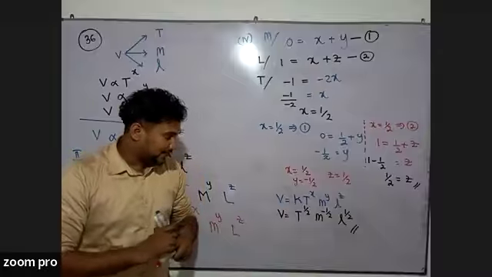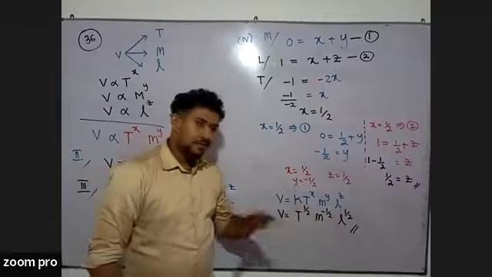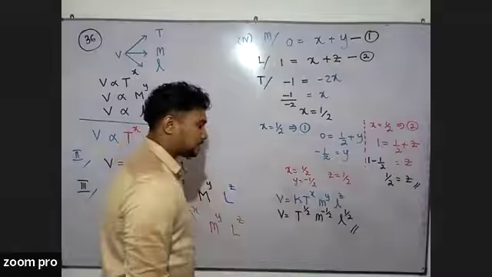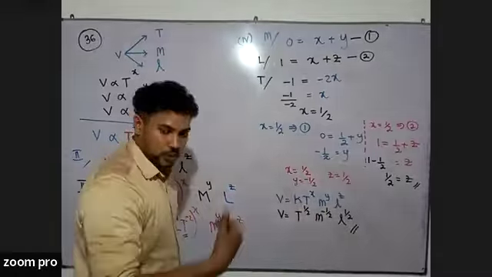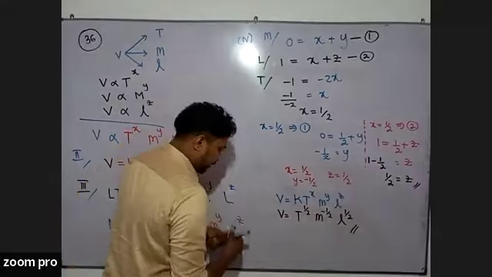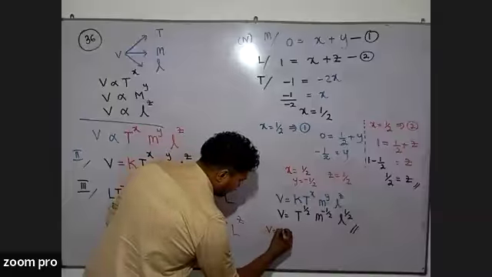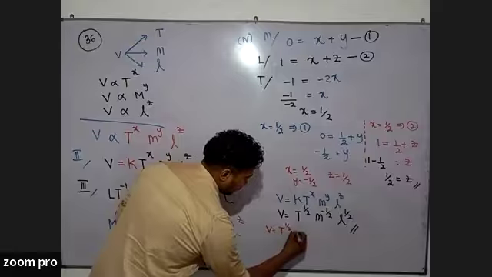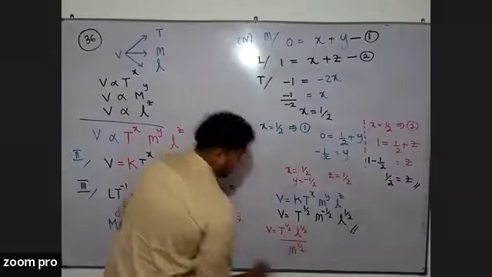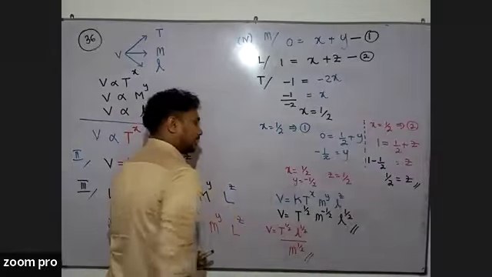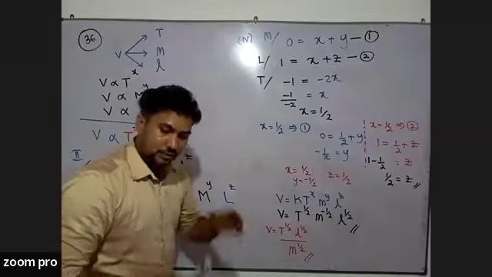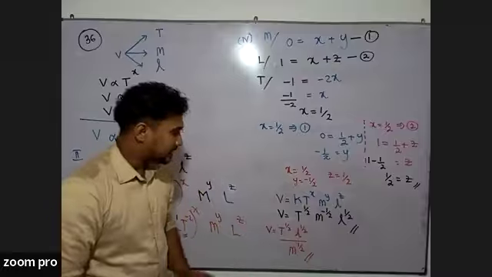But you can arrange this expression further, right? Here there is a minus power. In order to convert this to positive, I take m to the half into the denominator. So it can be written as t to the half L to the half over m to the half, right? This can also be considered as the correct one. But we can arrange this expression further.